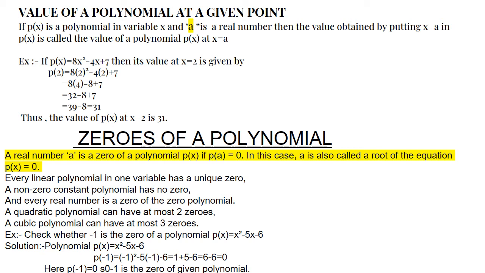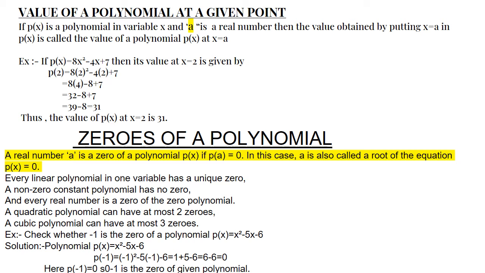Next, zeros of a polynomial. A real number a is a zero of a polynomial p(x) if p(a) is equal to 0. In this case, a is also called a root of the equation p(x) equal to 0. What is the meaning of zero of a polynomial? Here every linear polynomial in one variable has a unique zero.